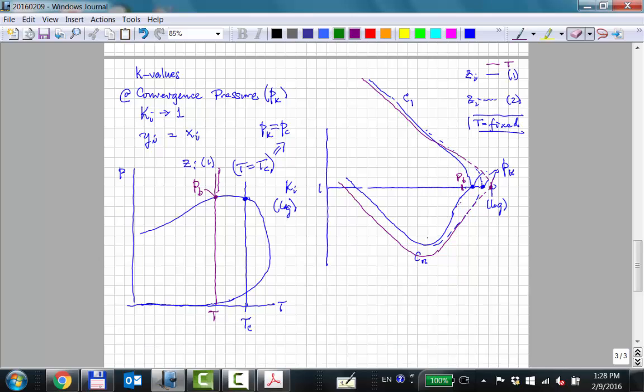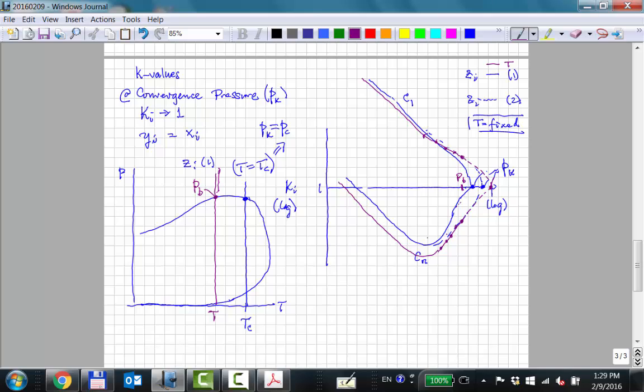So physically, the only K values that you have are the solid purple lines, and they stop at this point here. If we measured K values, you could measure them along here, but you could not measure them at pressures above that point.